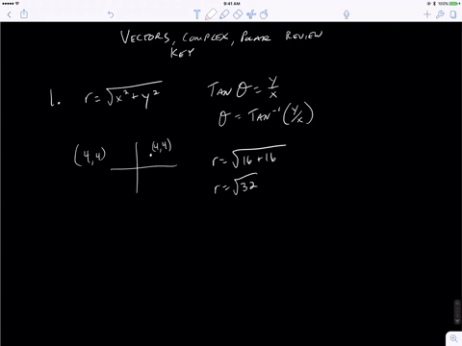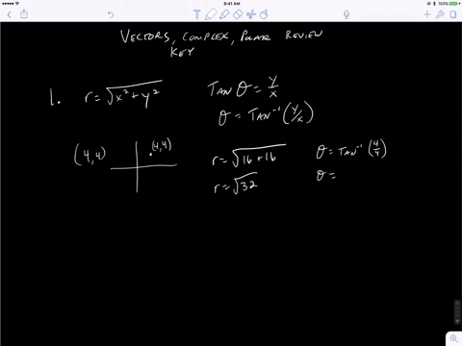And then now I need theta. So theta is inverse tangent of 4 over 4. So theta is going to be the angle whose tangent is 1. So that's either going to be 45 degrees or 225 degrees. So either pi over 4 or 5 pi over 4. So we know since it's in quadrant 1, it's pi over 4.